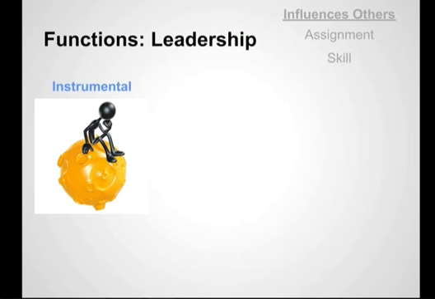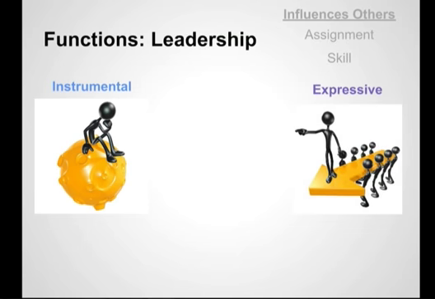We have instrumental and expressive. Instrumental tends to be thoughtful. They think through the plans and then they try to institute those plans with the group. Expressive, well, they also think, but they tend to be more emotional. They tend to express their feelings a little bit more to incite group togetherness.